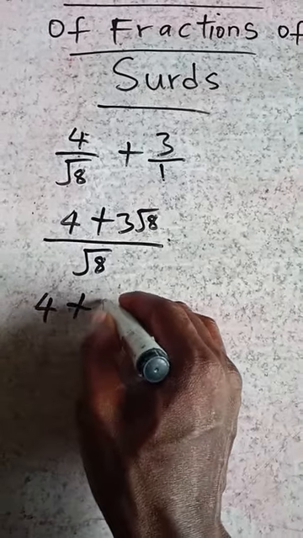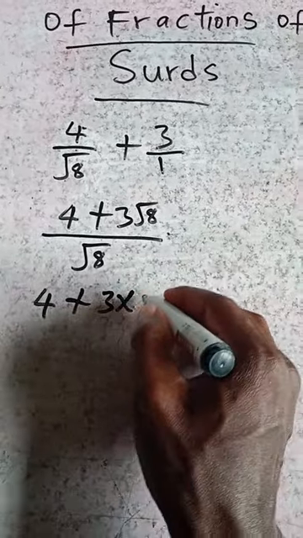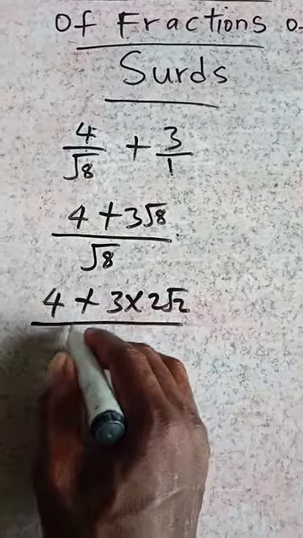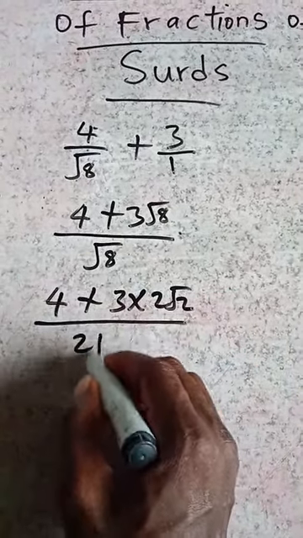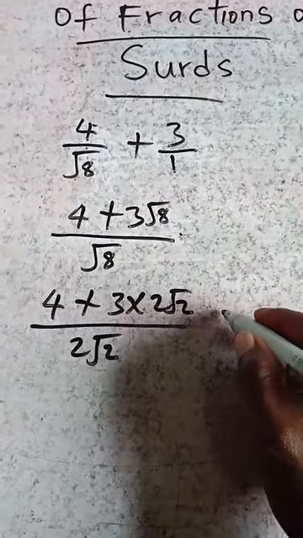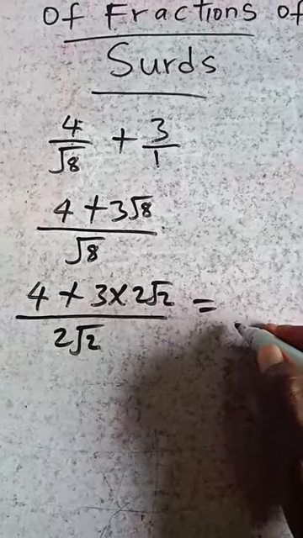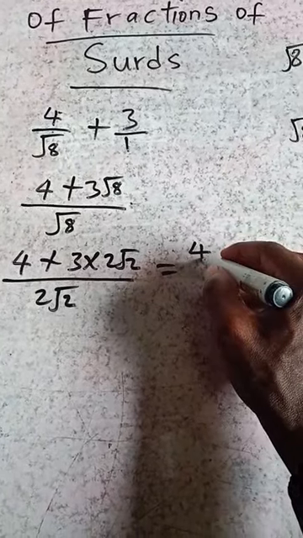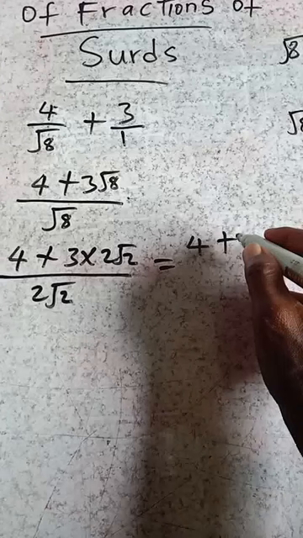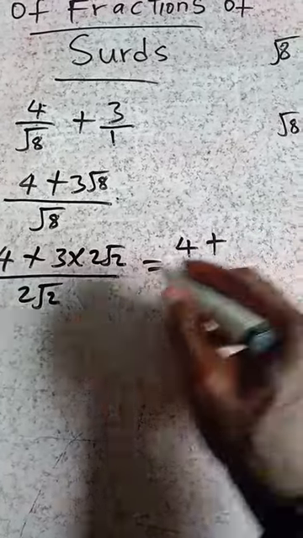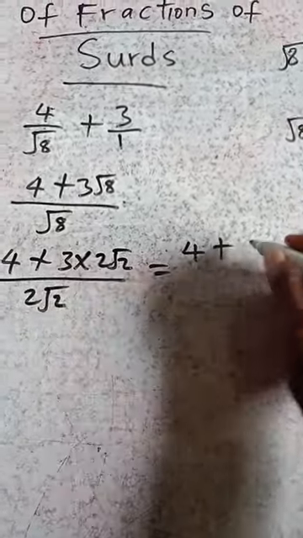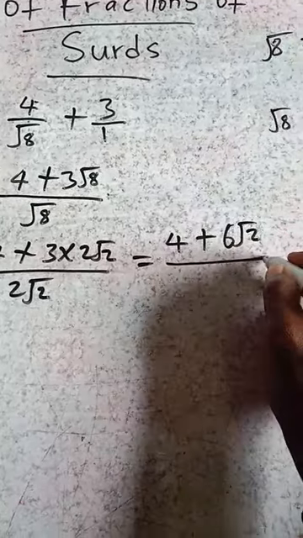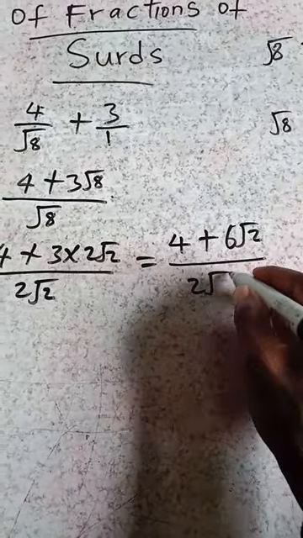So 4 plus 3 times 2 root 2, all over root 8, which here is 2 root 2. Okay, so let us multiply. We still have 4 plus 3 times 2 root 2, which is 6 root 2, all over 2 root 2.